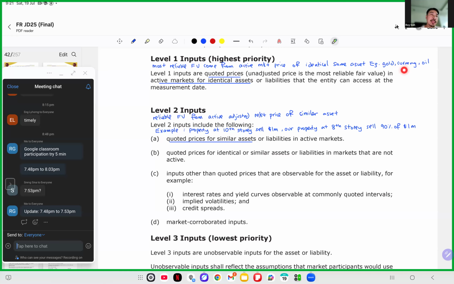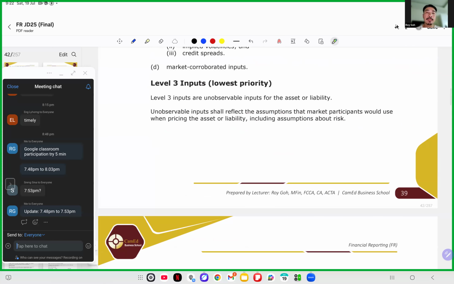Commodities, gold, currency, oil are a good example of an identical asset. So we understand the differences, right? But level 3, you have no invoices, but you still allow. Why?